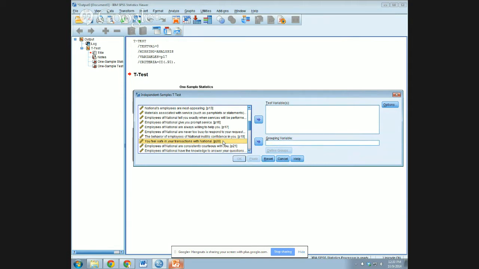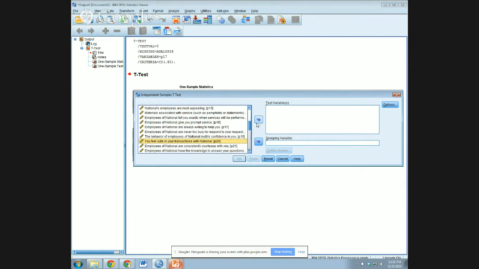And so again, the hypothesis would be men and women equally feel safe in transacting with National. Or the alternative would be men and women feel differently about the safety of their transactions with National.